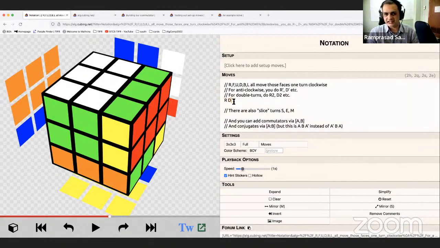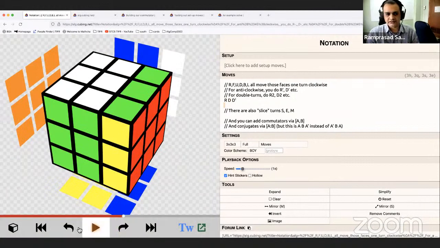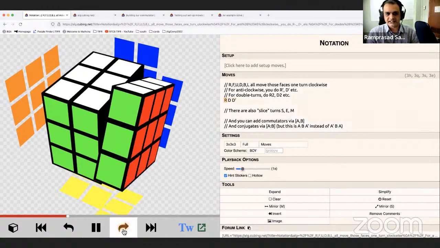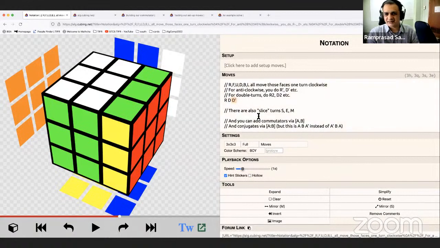If you want to turn things anti-clockwise, you put a prime. So for example, this is R and this is D and this is D prime. And there are a bunch of slice turns like S, E, and M.